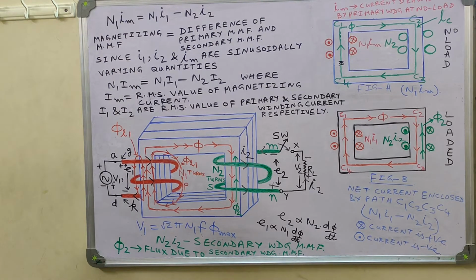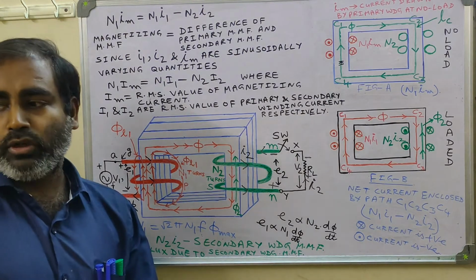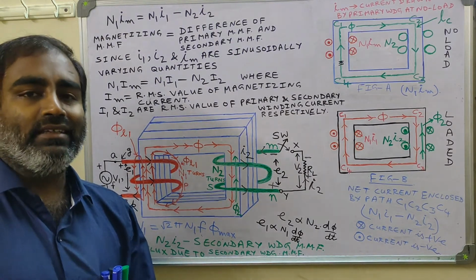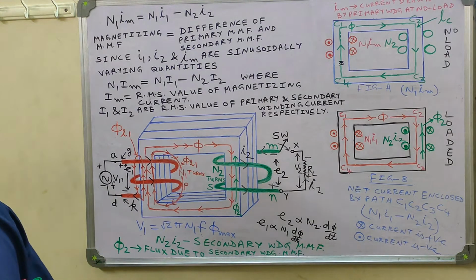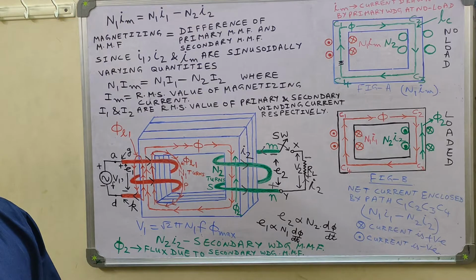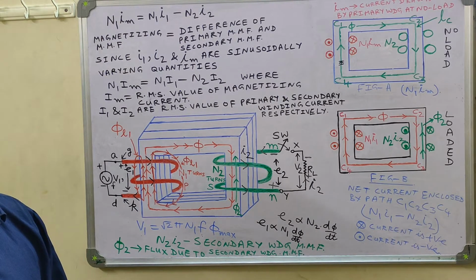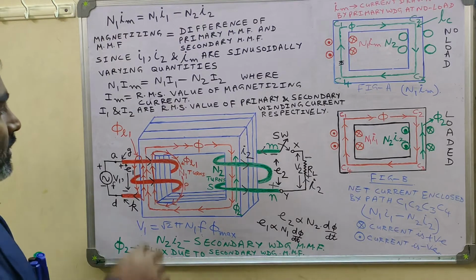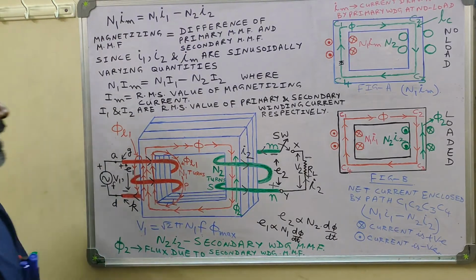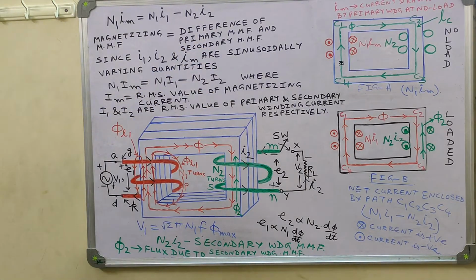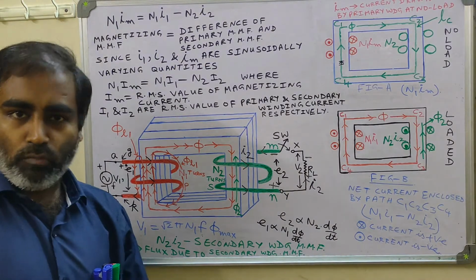That means that the primary MMF will have two components. One component of primary MMF takes care to cancel or neutralize the demagnetizing effect of secondary MMF, and the other component of primary MMF is used for setting up the magnetic flux, that is the mutual flux in the transformer magnetic core. So primary MMF can be thought of as comprising two components.